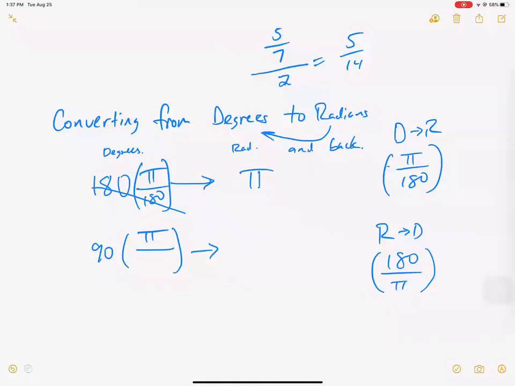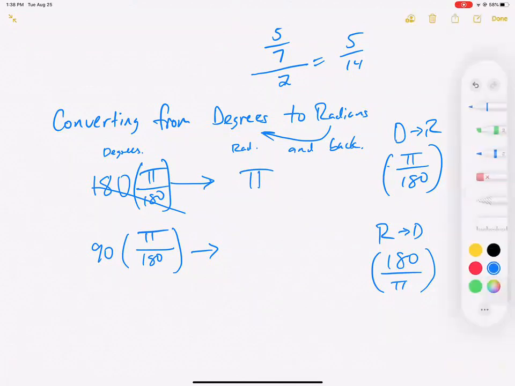Well, what's the equivalent statement? To pi radians, it's 180 degrees. 90 and 180 cancel out, they reduce, and we're left with a 2 on the bottom. So it's pi over 2. And that's right, pi over 2 is 90 degrees.